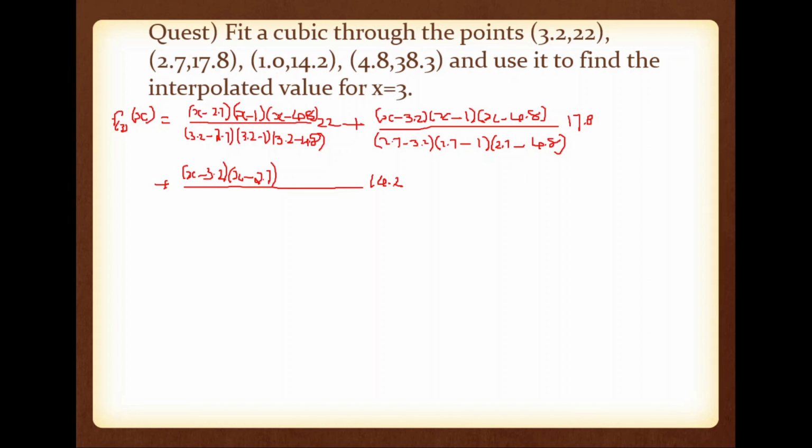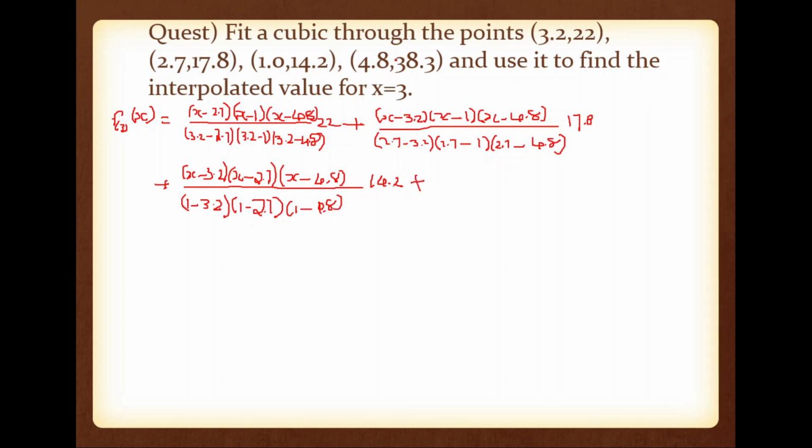Now 1 is missing. Now next one is 4.8. So x minus 4.8, divided by, now replace x with 1. So 1 minus 3.2 into 1 minus 2.7 into 1 minus 4.8. So this is the third element.